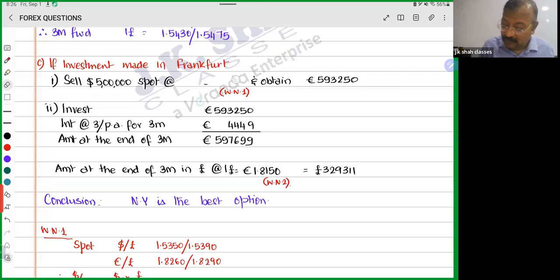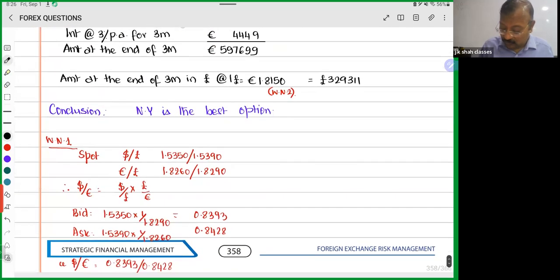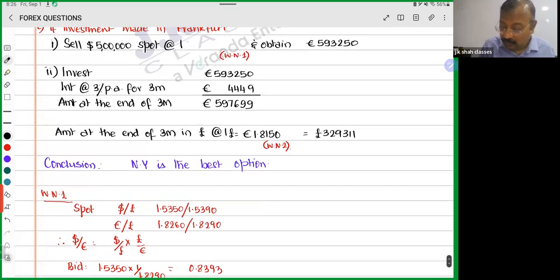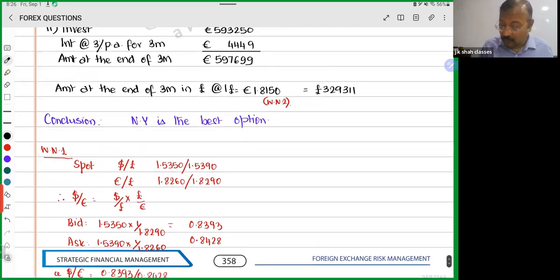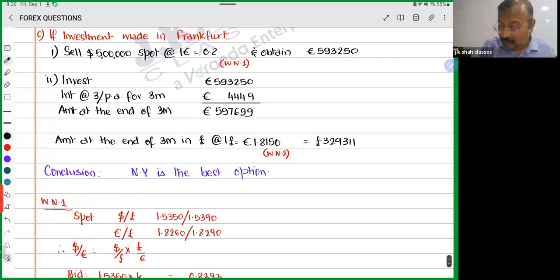So you can rewrite this saying 1 euro is equals to 0.8428. ये थोड़ा राउंडिंग ऑफ का आएगा वो देख लेना.